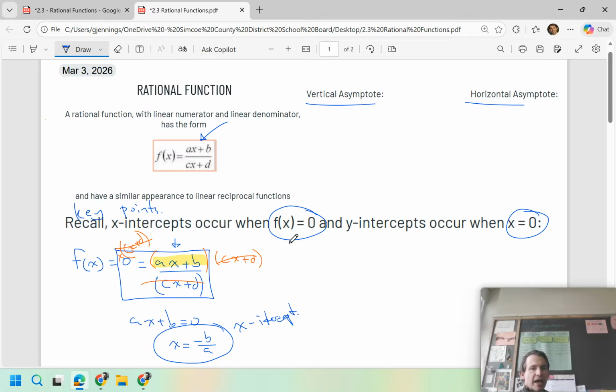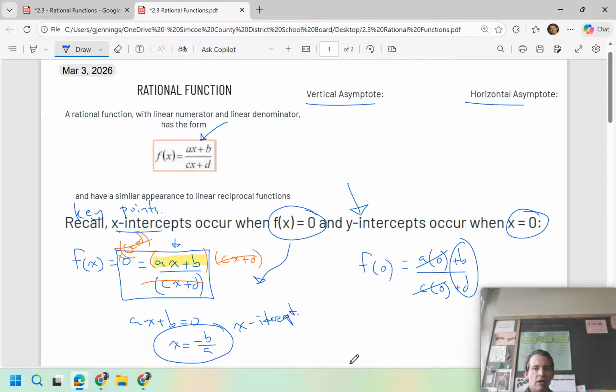Now, that is set f of x equal to 0. That's where we get x-intercepts. Let's find some y-intercepts. You just set x to 0. You set the function equal to f of 0. That's going to equal a times 0 plus b over c times 0 plus d. Gone.